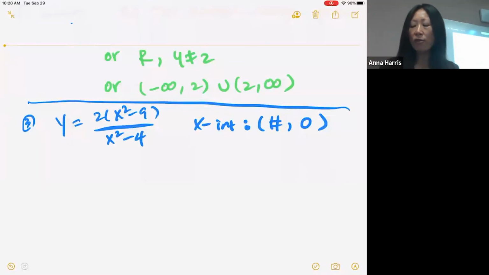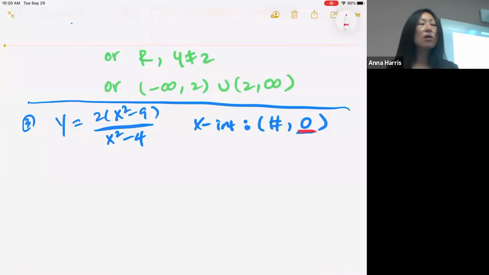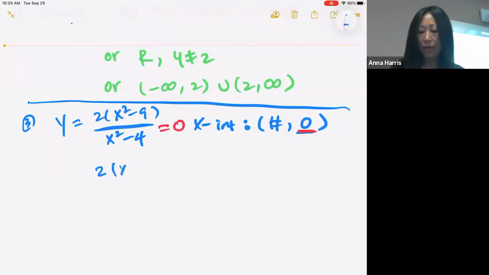So I know for sure x-intercept means the y value has to be equal to 0. So I'm gonna set this equation equal to 0 then. Because I'm looking for x-intercept, that means I can set y equal to 0. So I'm gonna just solve this equation, just simple algebra: 2x squared minus 9 over x squared minus 4 equal to 0.